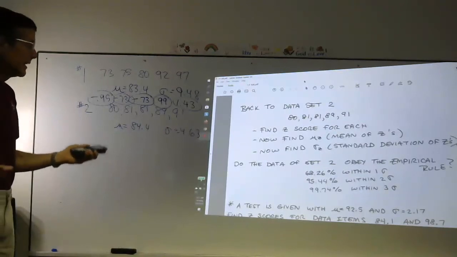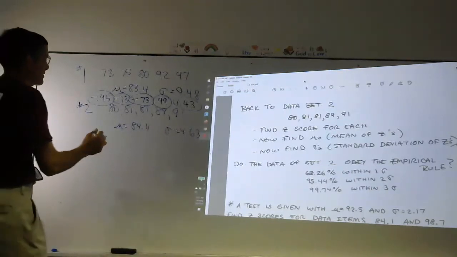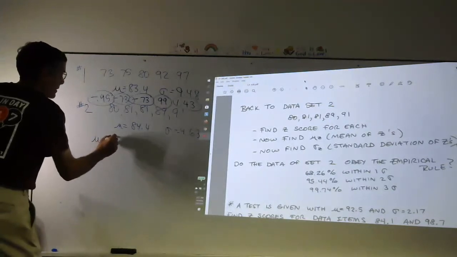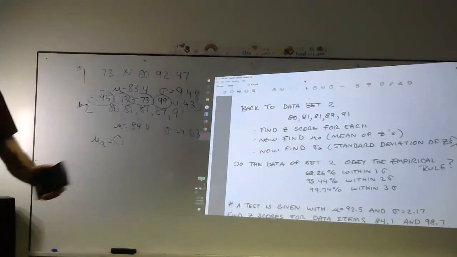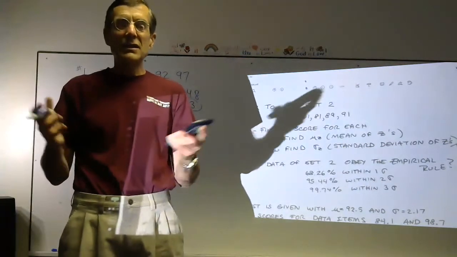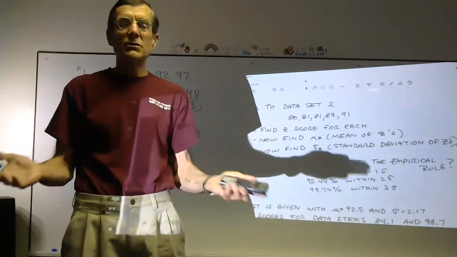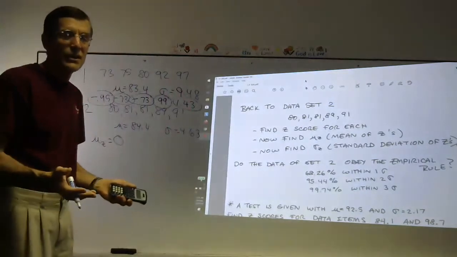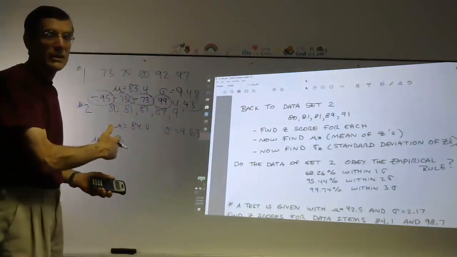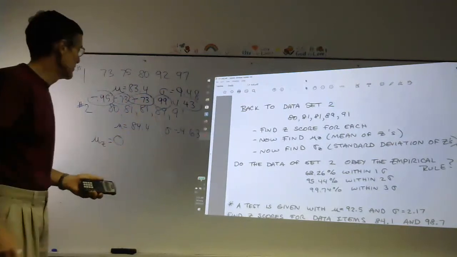And dividing by 5 is still going to be 0. So the mu of the z-scores will be 0. And the dirty little secret is that that always happens. The mean of z-scores of data will always work out to be 0, because you have the same amount of distance positive as you do negative, because the mean is somewhat in the middle.